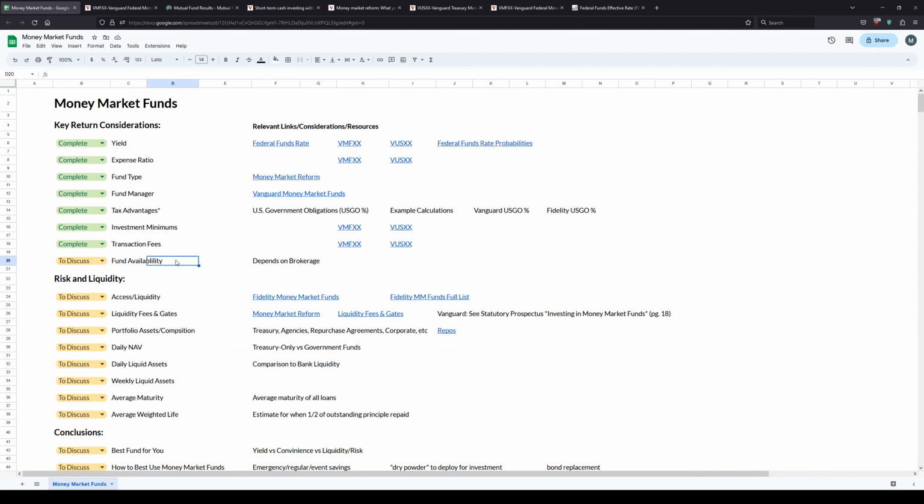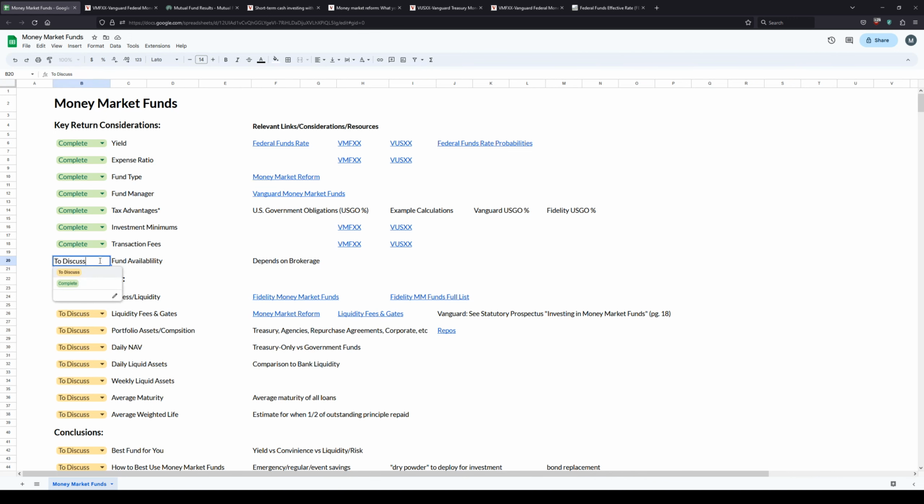Part of that reason is most brokerages want to keep assets that are within their accounts in their funds, as they make more money that way. So they might limit the availability of competitors' money market funds to avoid investors moving simply to the highest yielding fund. Now, one way you can potentially get around this is to have multiple brokerage accounts. For instance, if you had one with both Fidelity and Vanguard, you'd have relatively wide access to both of their fund portfolios.